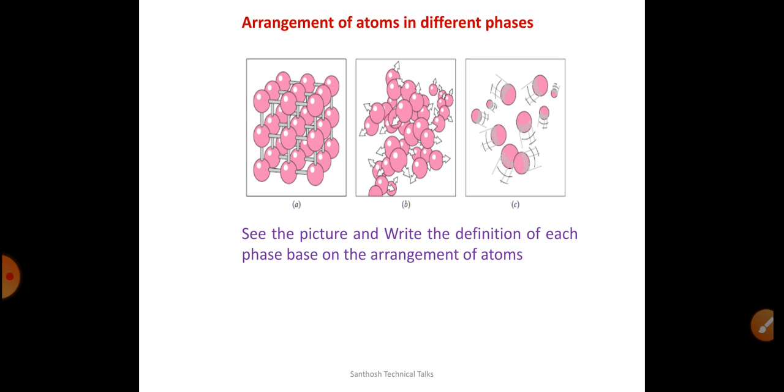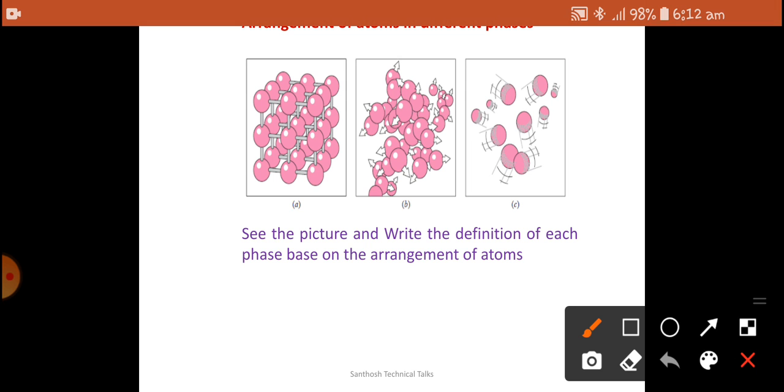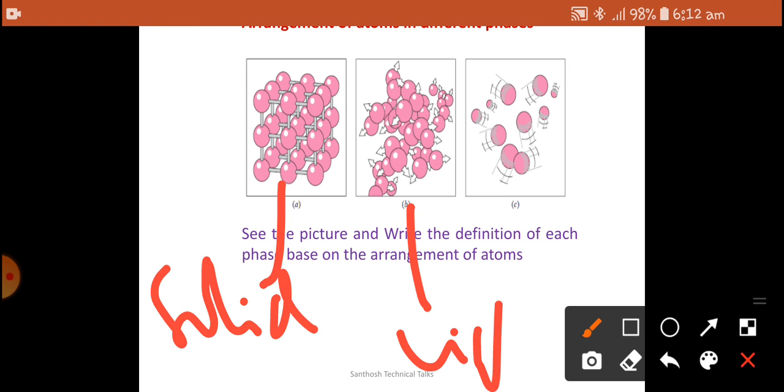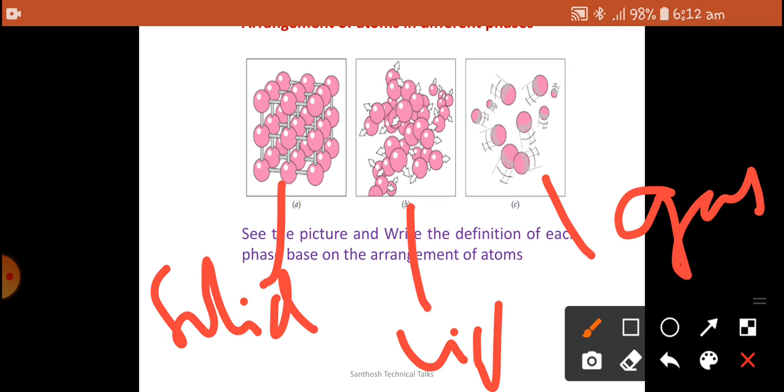Next, what can you understand from this picture? This is a solid, this is a liquid, and this is a gas. In the solid, the atoms are well arranged and closely packed.